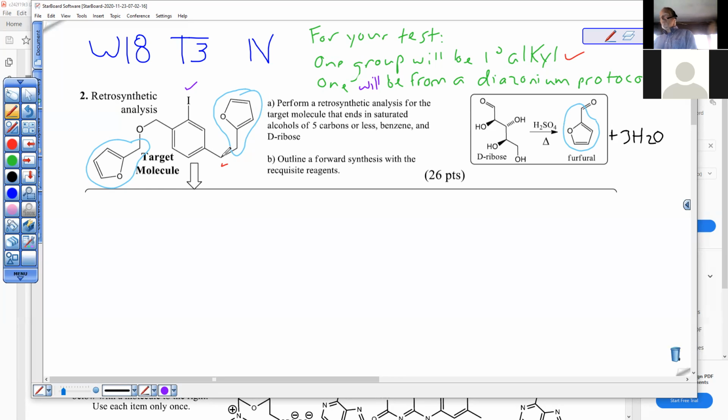So, in review, you're going to be putting a carbonyl version of this group on benzene. I suggest you do that first. You know what you do second? The diazonium protocol. First, get the nitrogen on there, reduce it down, and do the diazonium reaction. And after you're finished with that, reduce this to a CH2.